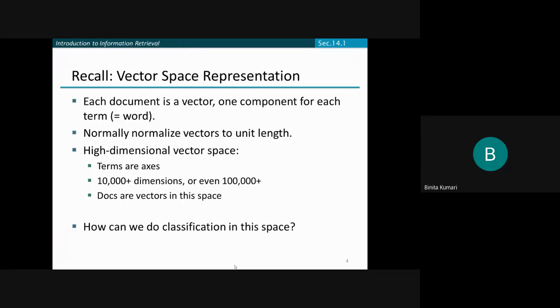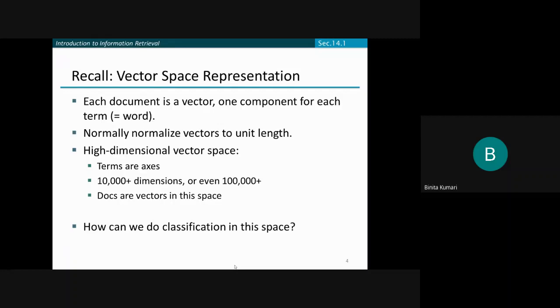Now recall that in vector space representation, we were representing each document as a vector, and one component for each term we were considering. Each term means each word. What we had done is we had taken a weight matrix. So term incidence matrix जैसा दिखता है, weight matrix में भी वैसे rows and columns हैं.